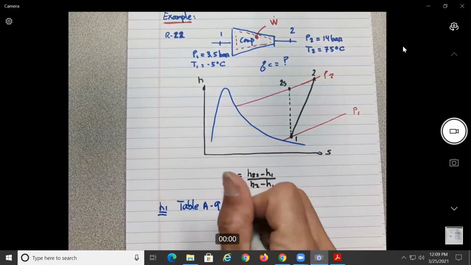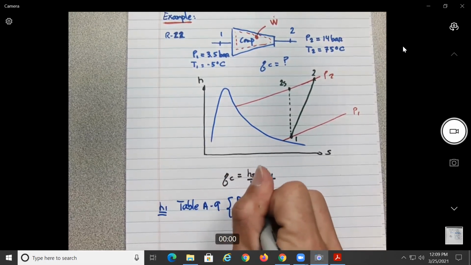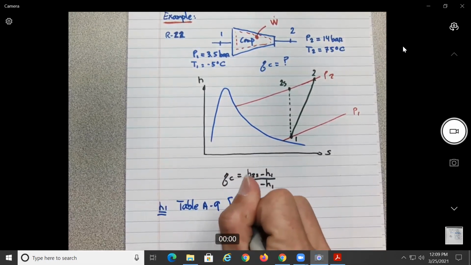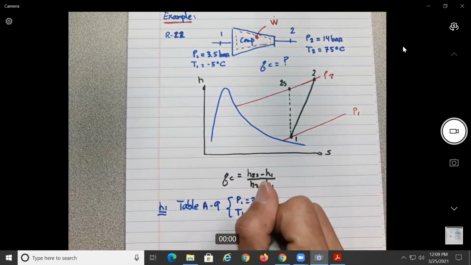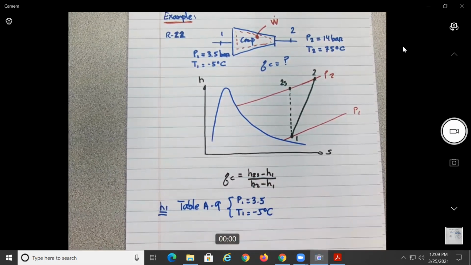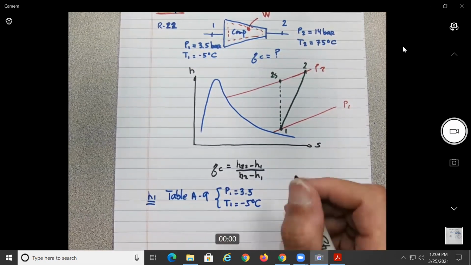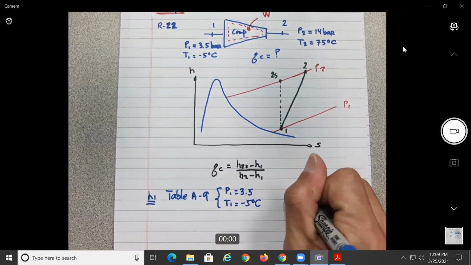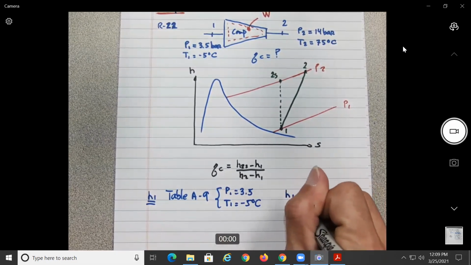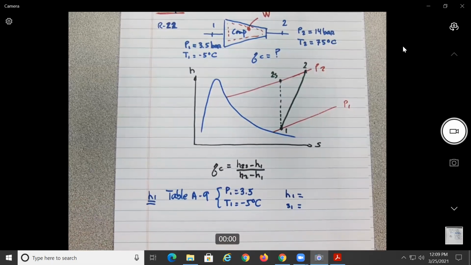At 1, we know P1 equal to 3.5, and we know T1 equal to minus 5 degrees Celsius. So we know two things. Remember, when you go to the tables, you always need to know two things. So from the table, we're going to find H1, but we're also going to need S1 as before.